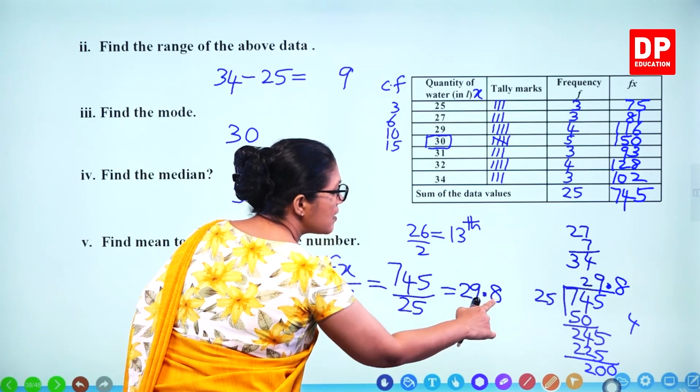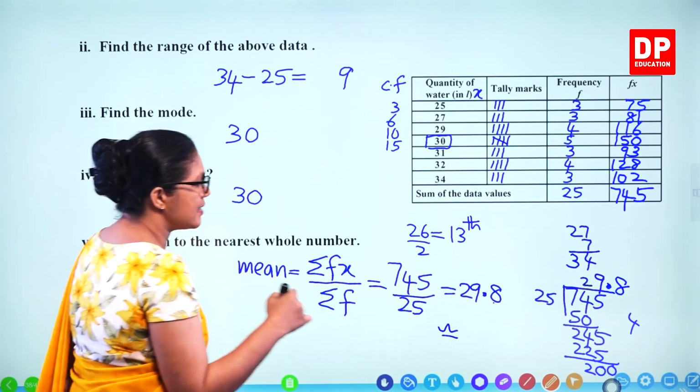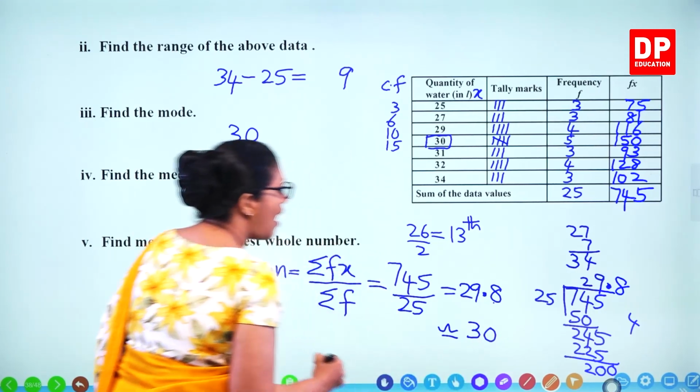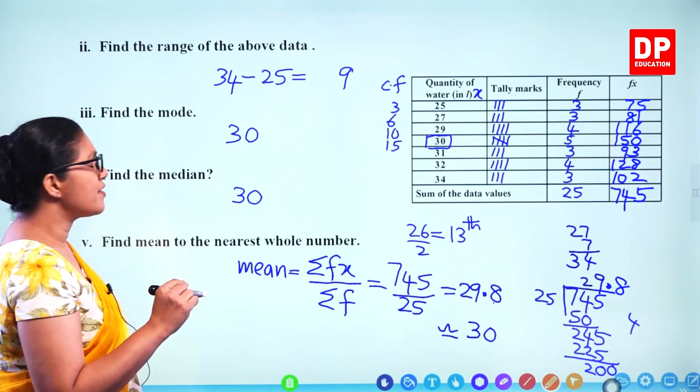This is more than 5, so you can round up. So 30 is the answer to the nearest whole number.